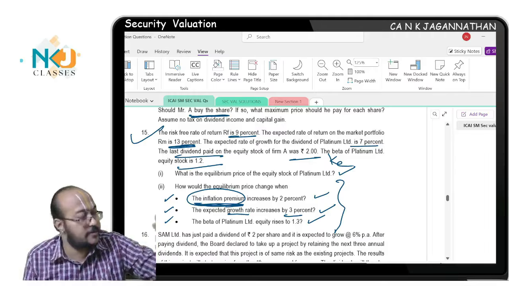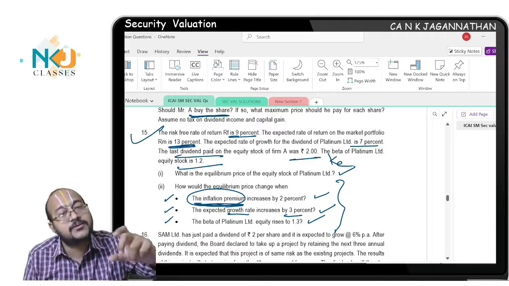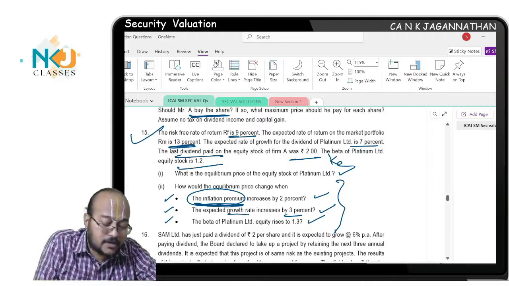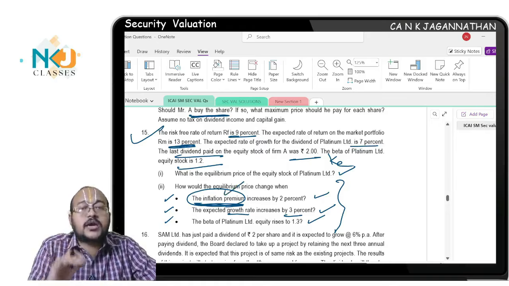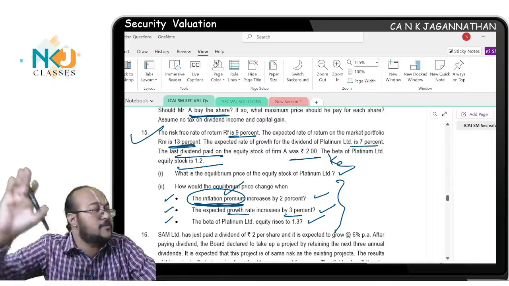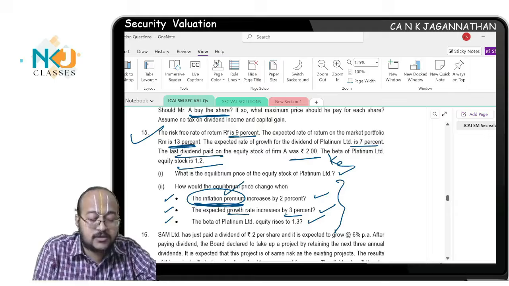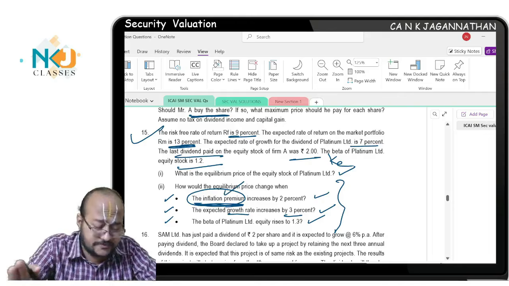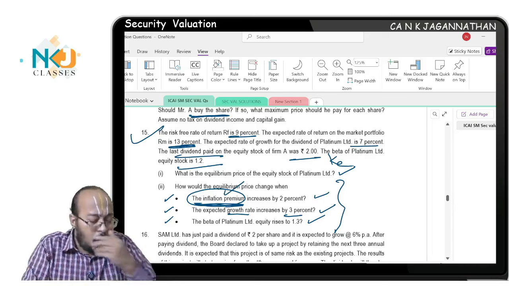It will have a risk premium as well as an inflation premium, but it cannot be directly taken as an interest rate change, nor just as a risk premium alone. Inflation alone they have asked, so risk you cannot directly adjust. This is why they have given an alternative solution also. Anyway.